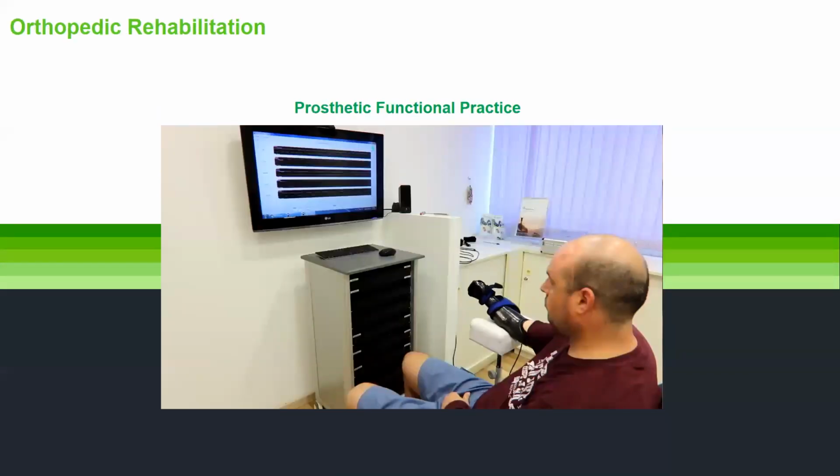Okay, here is something very interesting. Prosthetic functional practice. This product is based on EMG, a robotic prosthetic where the fingers are flexed and extended by EMG coming from the biceps and triceps.